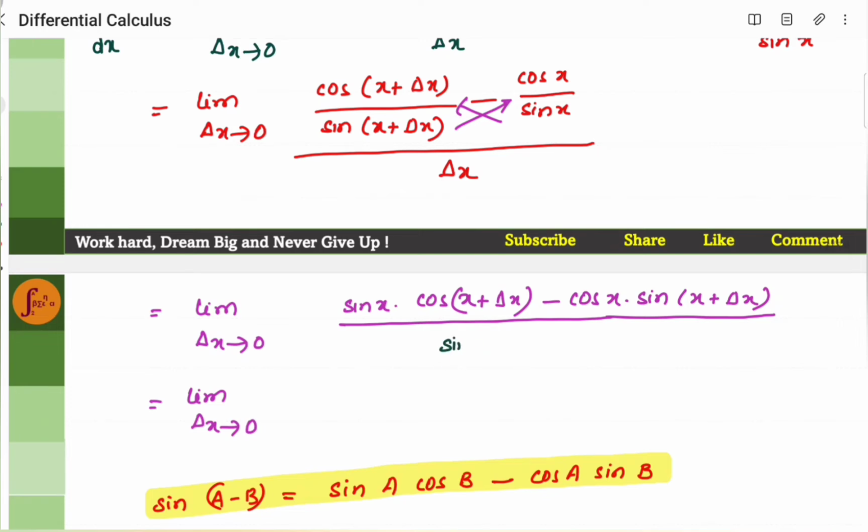So we'll get sin of x plus delta x into sin x, by delta x. So either you can take LCM or cross multiply.